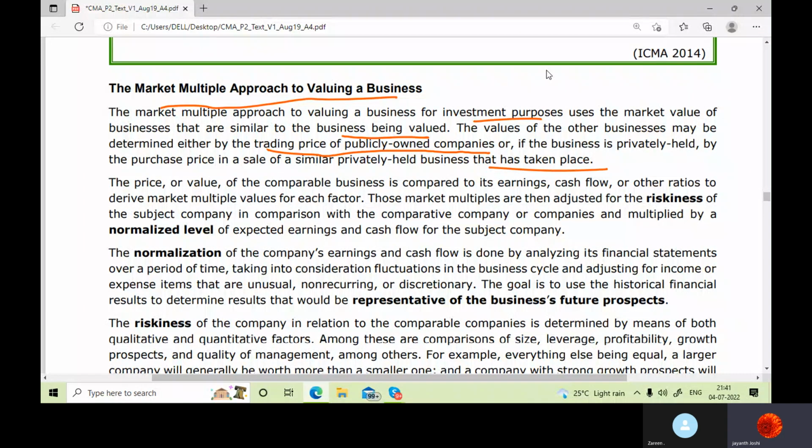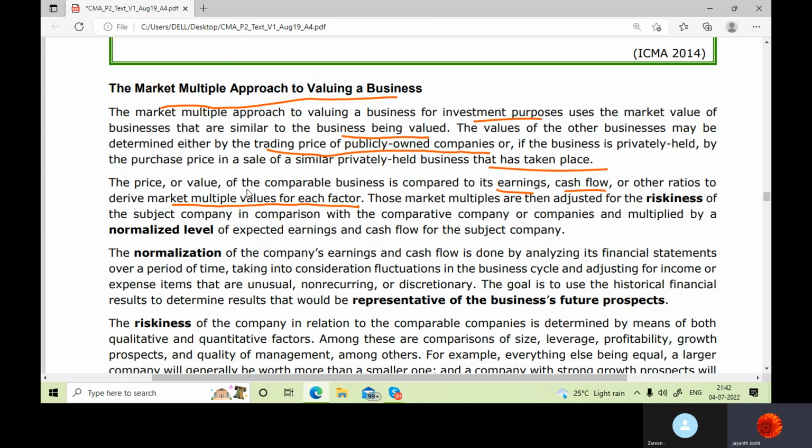See, if we want to find out the estimate of our company, we will always be comparing it with a public company, correct? So the price or value of comparable businesses is compared to its earnings, cash flow, or other ratios to derive market multiple values for each factor. Those market multiples are then adjusted for the riskiness of the subject company.